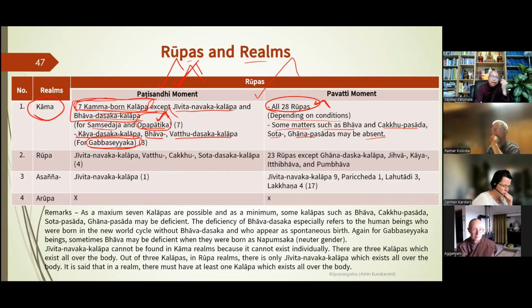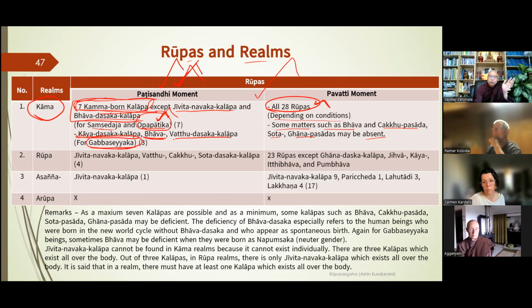So with the eyes and all the limbs complete, it's not possible. This is the Kaya Dasaka Kalapa. Kaya must be there, it's the base. And also the Bhava Dasaka Kalapa, which refers to the female and male organ.